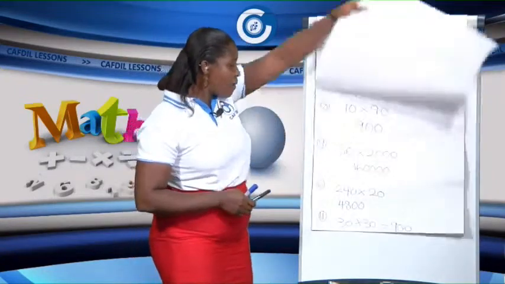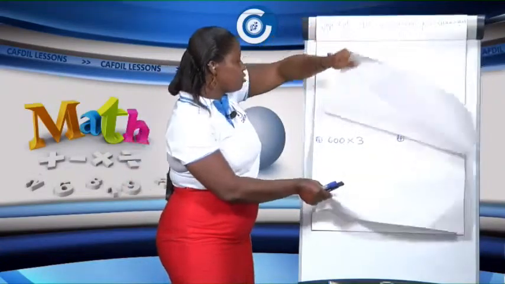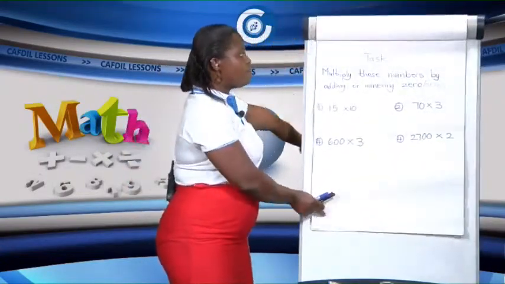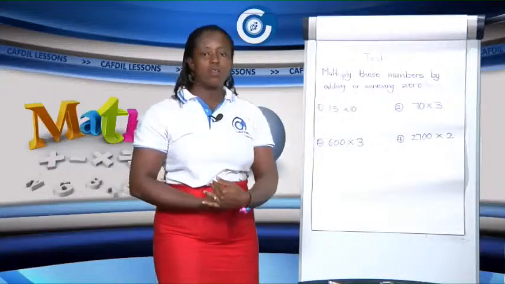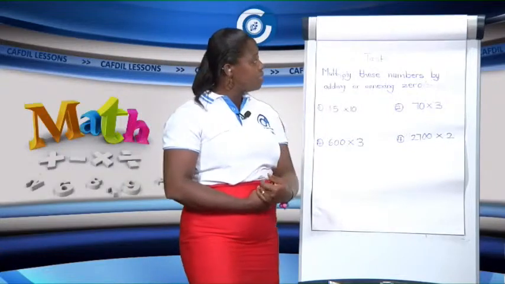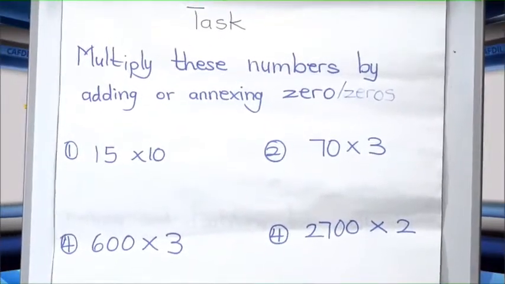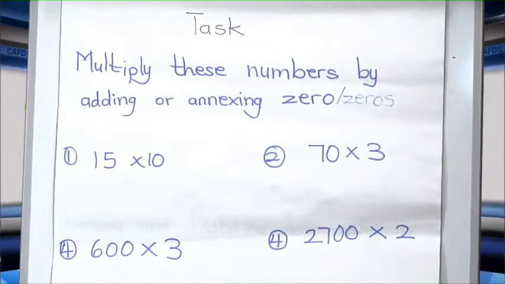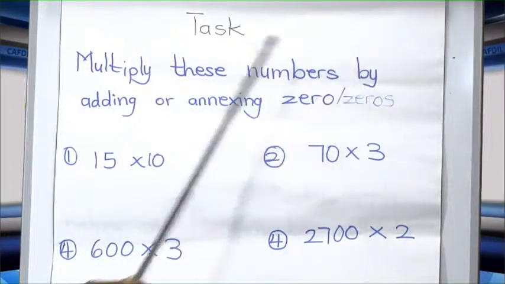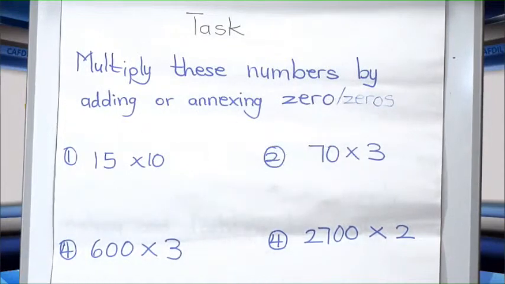Now, before I leave, I want you to do this for me. So you have your task here. Multiply these numbers by adding or annexing 0 or zeros.